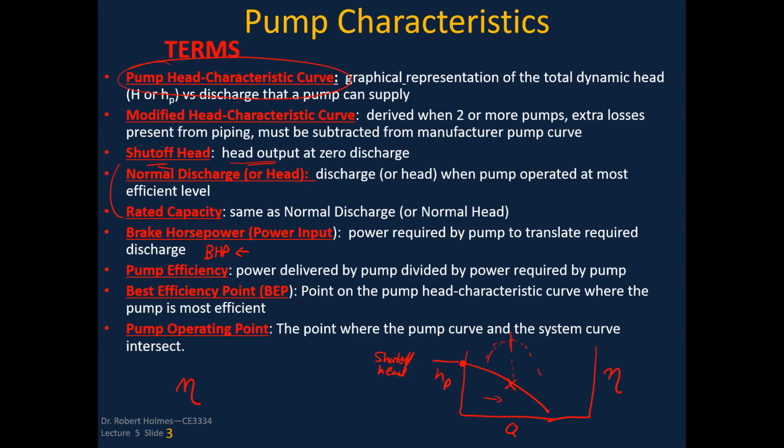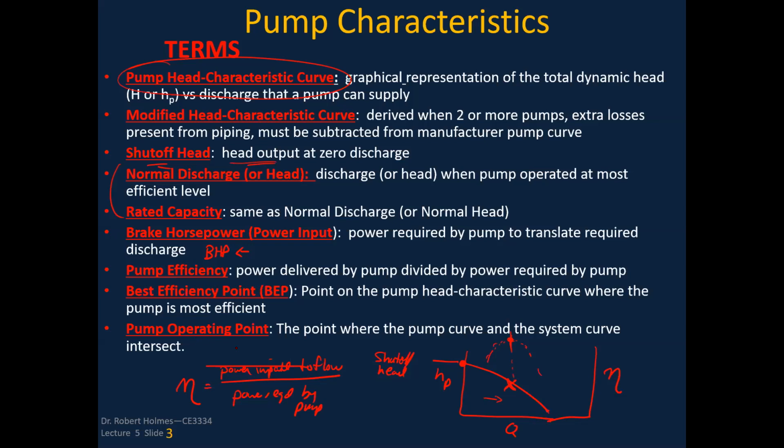That's this value of nu, which is the power imparted to the flow by the pump, divided by power required by the pump. And we'll talk more about that. And then the best efficiency point, again, is this location right here where the normal discharge occurs. That's the highest efficiency that the pump can attain.